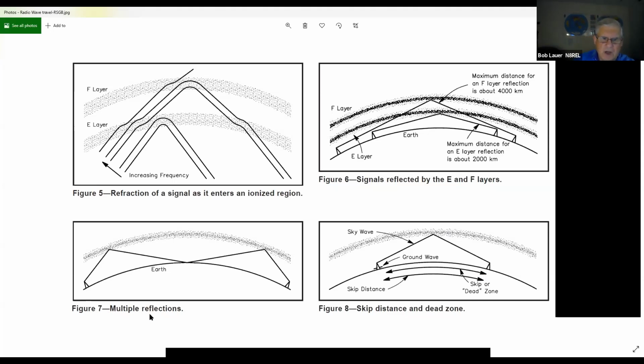Jerry talked about multiple reflections, where you bounce it off the atmosphere once, it comes back down, hits the earth, bounces off again, and reflects off the atmosphere a second time. It can do that multiple hops and you get quite a distance. And then there's the E and F layer.